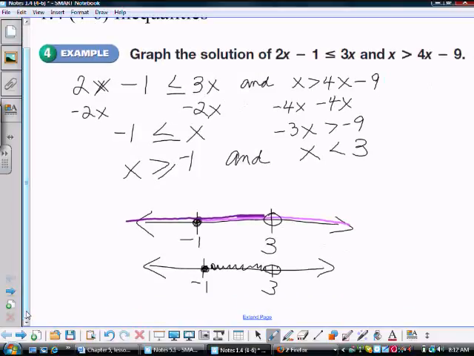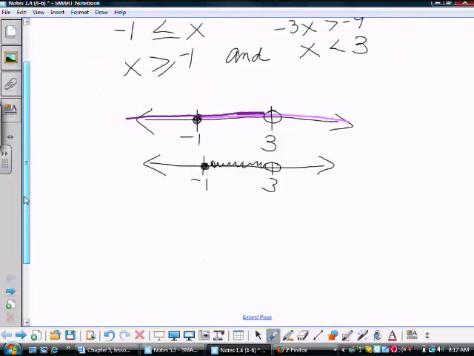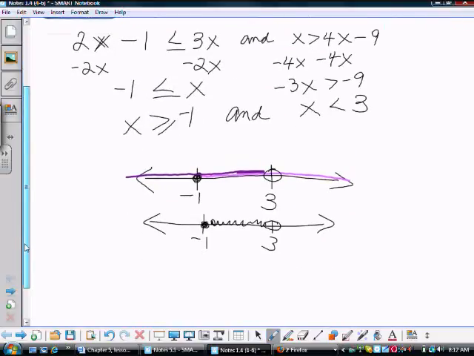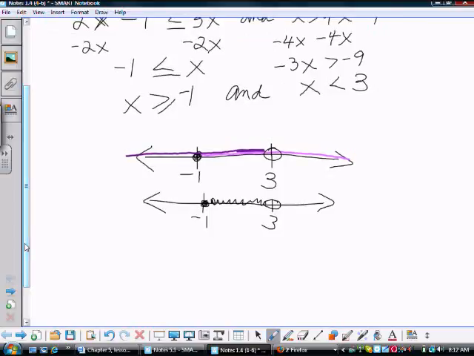Now, there is another way to write this. The more formal way mathematically to write this, if I'm shading in between two numbers like this, is I put the x in the middle and I make my inequalities point to the lower number.